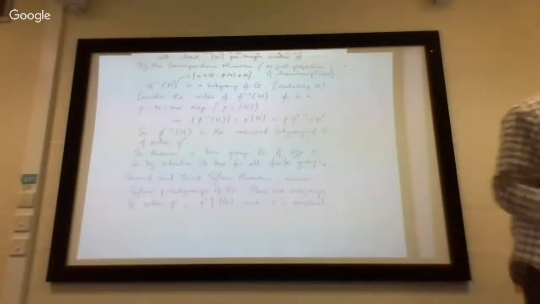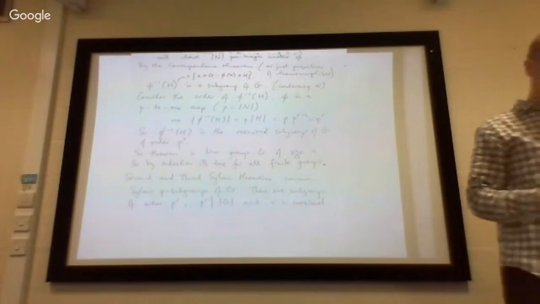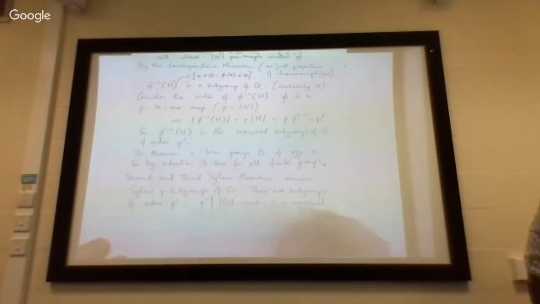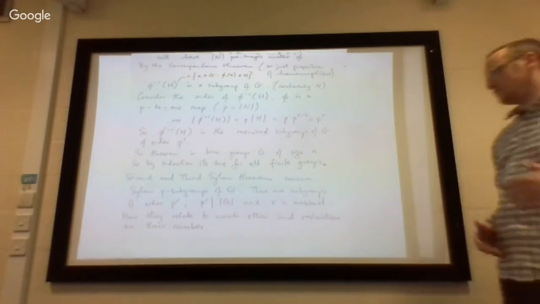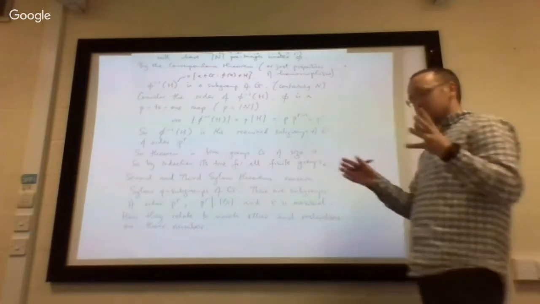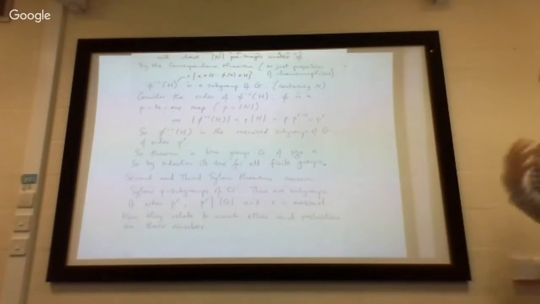So the second and third Sylow theorems concern how these subgroups relate to each other, and restrictions on the number of them that there are. The different Sylow p-subgroups of a particular group are all related by the operation of conjugation.